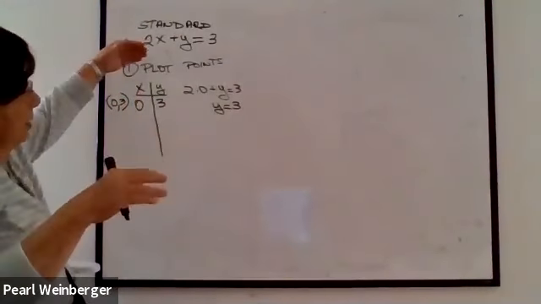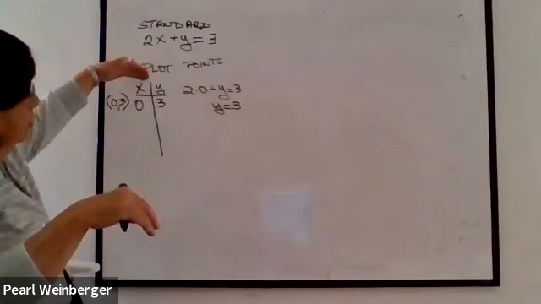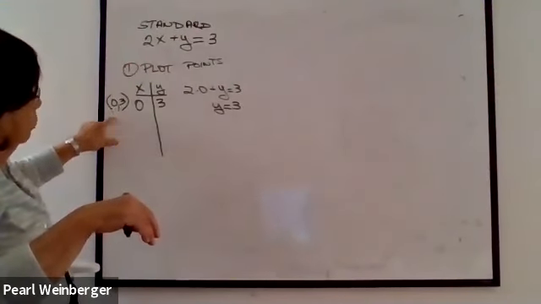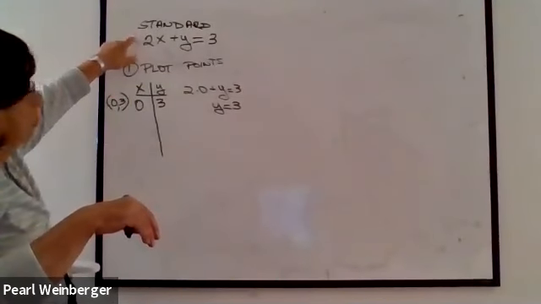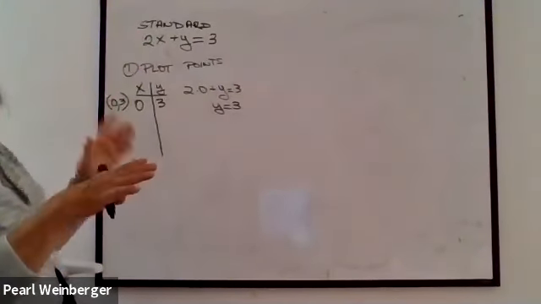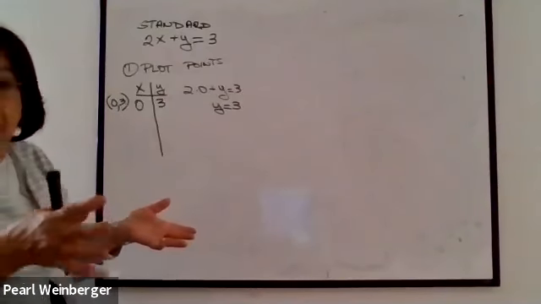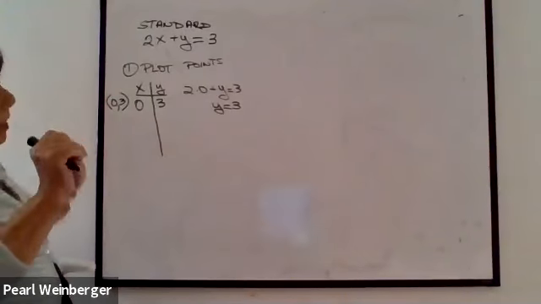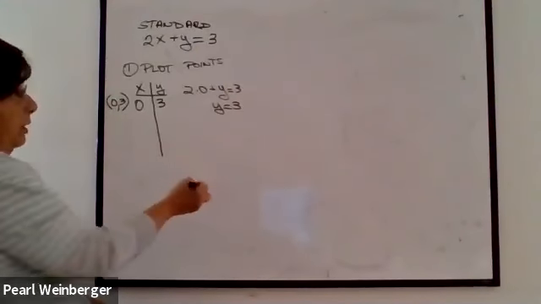That's the connection between the points on the line and the equation. If a point works out to fit the equation, then it's on the line. If a point doesn't work out in the equation, it's not on the line. So one of the points on my line is the point (0, 3).